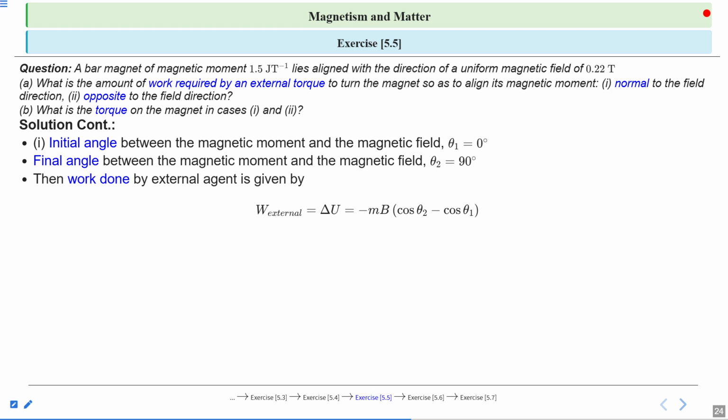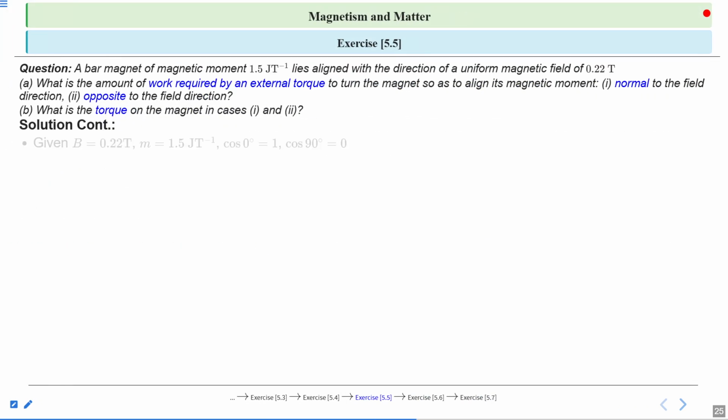Now we will put the values. Given B equal to 0.22 Tesla, M equal to 1.5 joule per Tesla, cos 0 degree is 1, cos 90 degree is 0. Theta 1 is 0 degree and theta 2 is 90 degree.